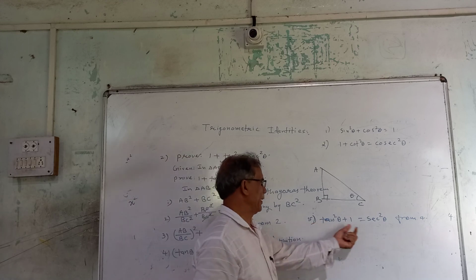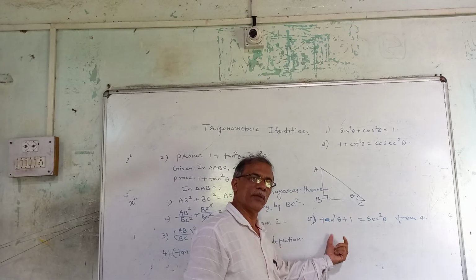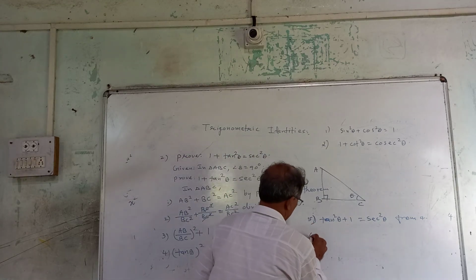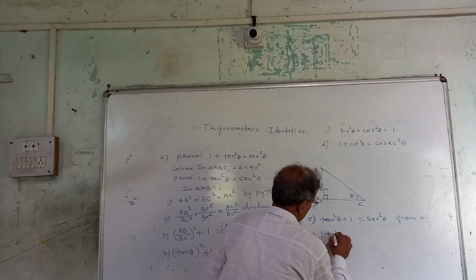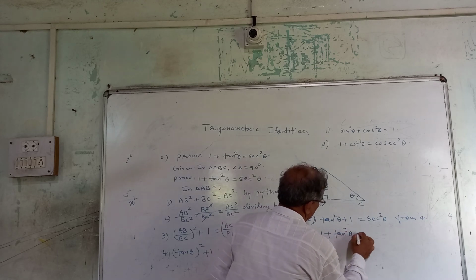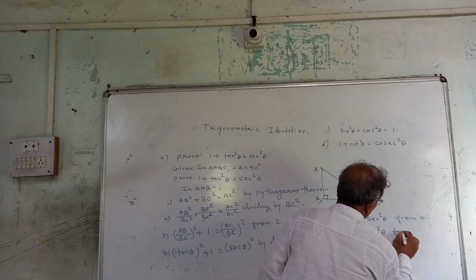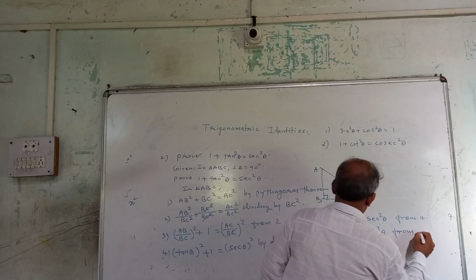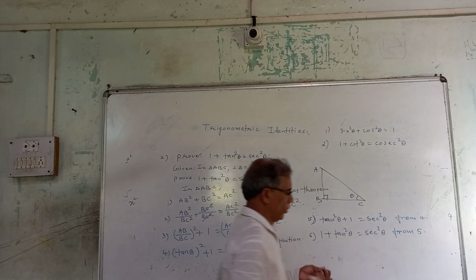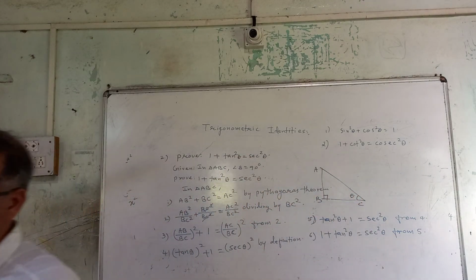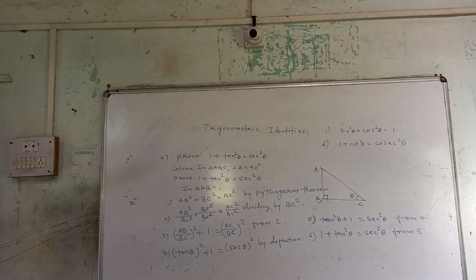So we can write tan square theta plus 1 as 1 plus tan square theta. Therefore 1 plus tan square theta is equal to sec square theta from 5. So this is how the trigonometric identities can be proved by using Pythagoras theorem.